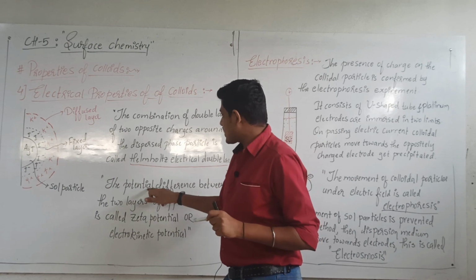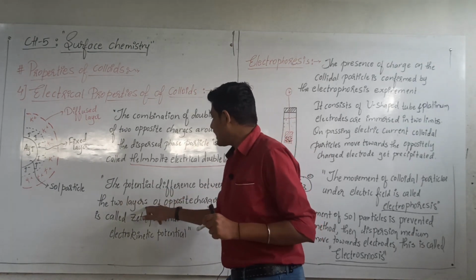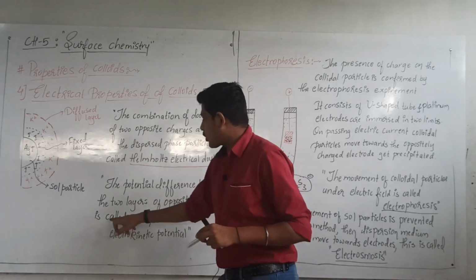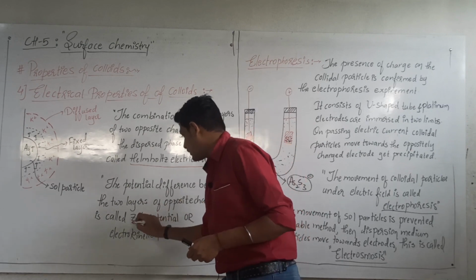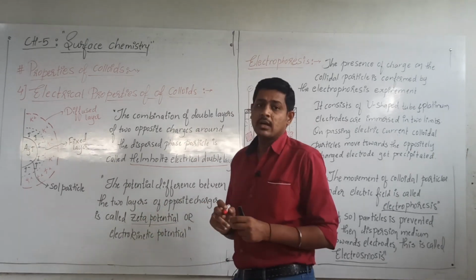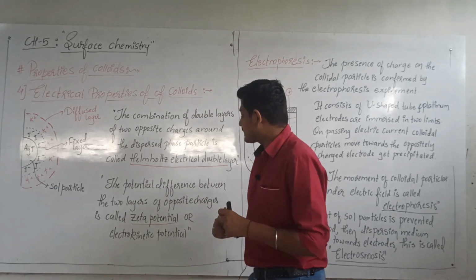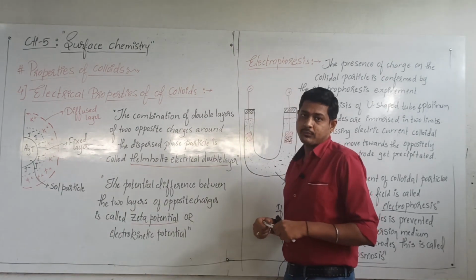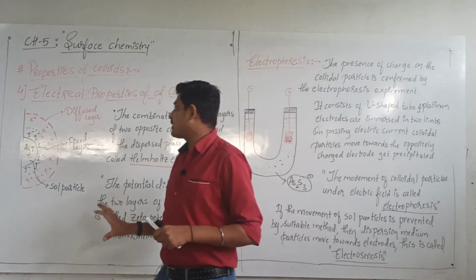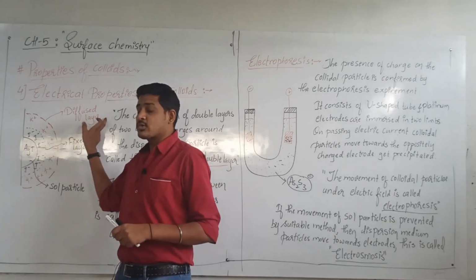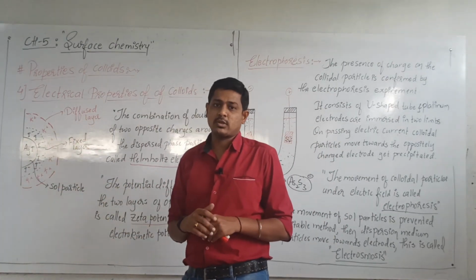Then the potential difference between the two layers of opposite charges is called zeta potential. This is very important. It is called zeta potential or electrokinetic potential. So the potential difference between the fixed layer and the diffused layer is called zeta potential.